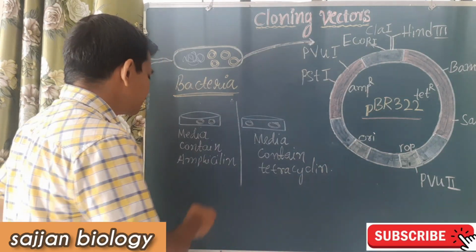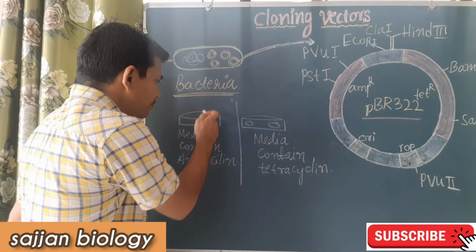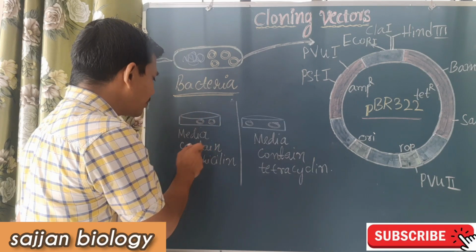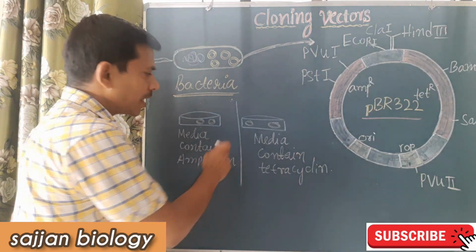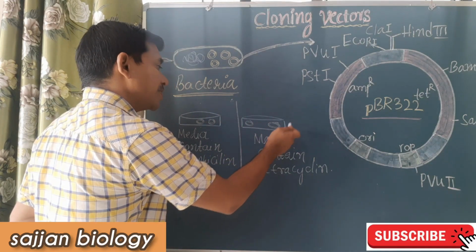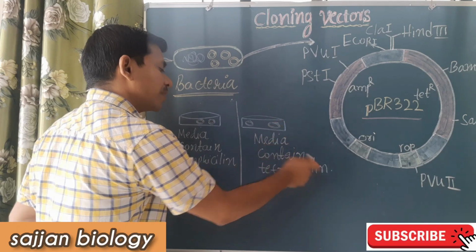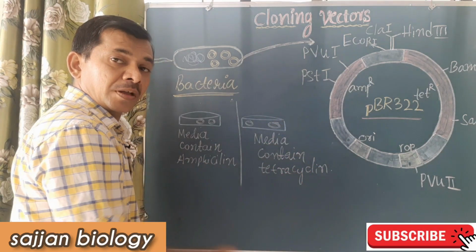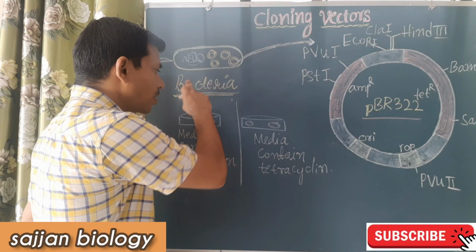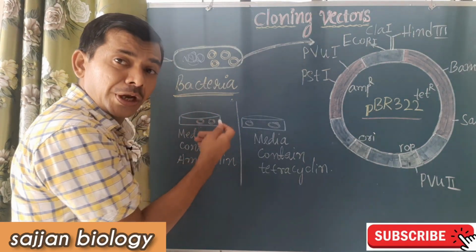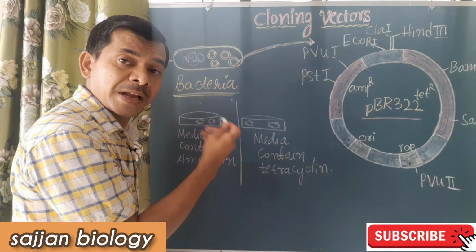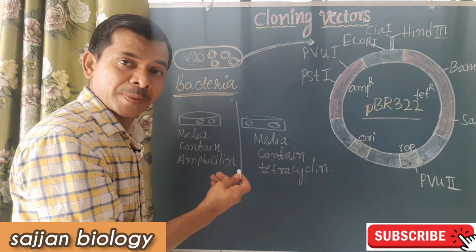One petri dish contains the media and ampicillin, and another petri dish contains the media along with tetracycline. The transformants are transferred here, because we need to identify whether the plasmids are transformant or non-transformant, isn't it?